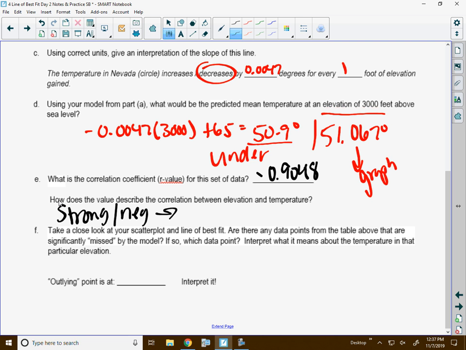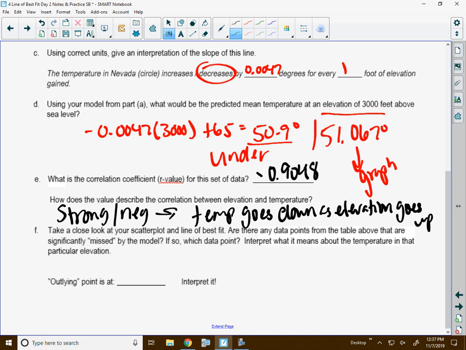The temperature goes down as the elevation goes up. Okay, think about, has anybody ever climbed a mountain in here? Okay, so the temperature probably got cooler because you went up. So we'll say temperature goes down as elevation goes up.